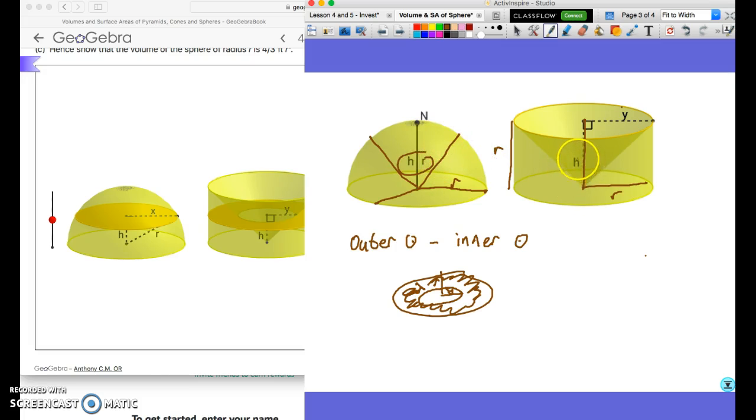That means this height is also going to be r over there, and in this form this would also be r. I'm highlighting that because if those are both equal, that is going to make this a 45-45 right triangle. That is going to be true no matter where we move it.